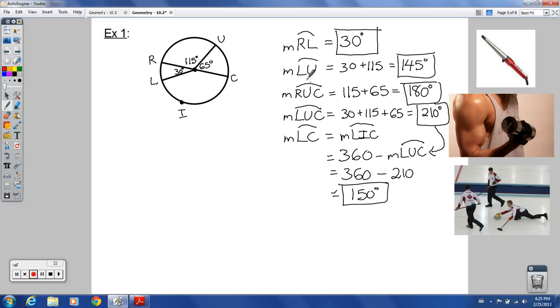And before we move on, I want to make some different notes here in a different color. So I want you to circle or make a little note like this. These two, these are major arcs and semicircles.